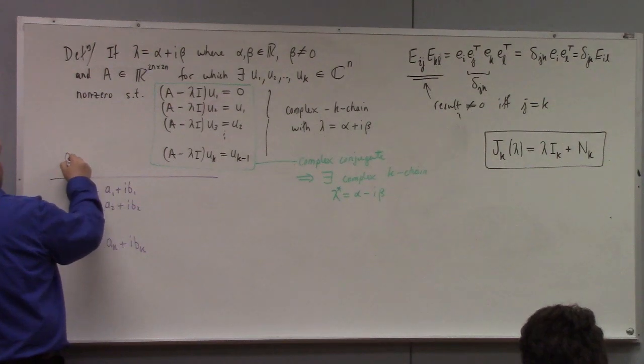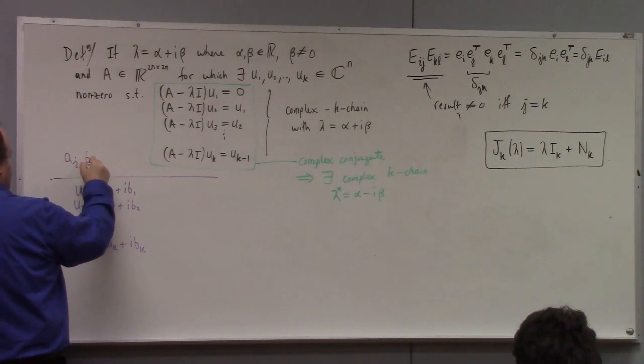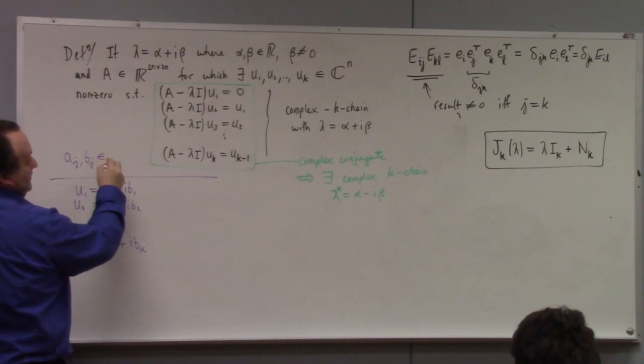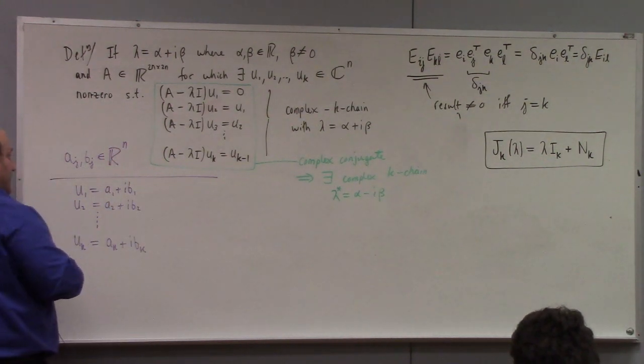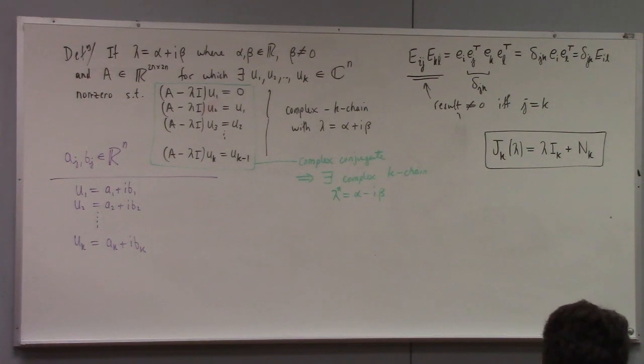Now here, the a sub j and b sub j are all respectively vectors in Rn. They're real. They're respectively the real and imaginary parts of this vector here.